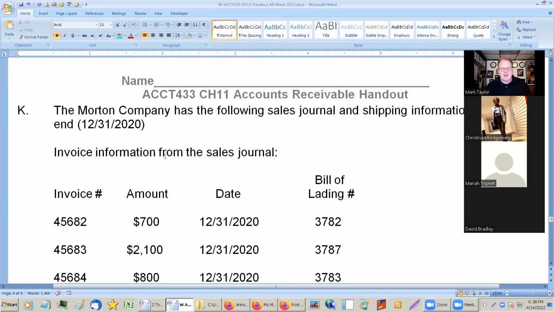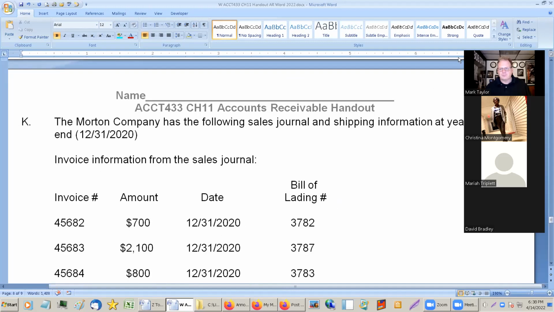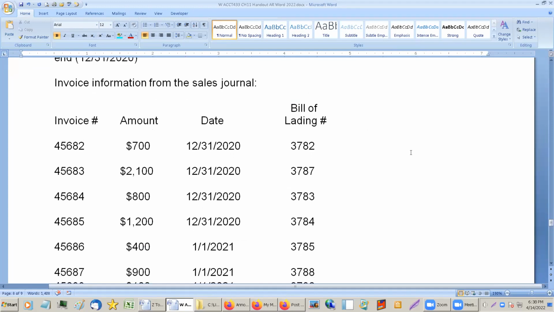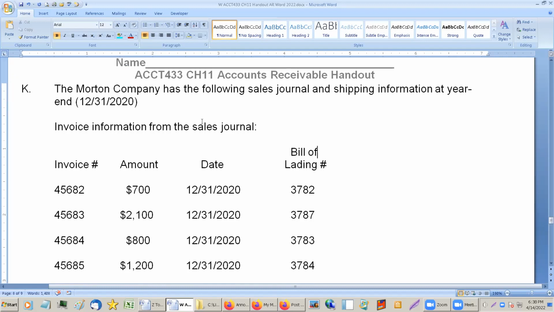Here is the following sales journal for 12/31, and this is the invoice. So this is from the sales journal, this is what they have in their sales journal. And their sales journal, remember, will lead into their general ledger.